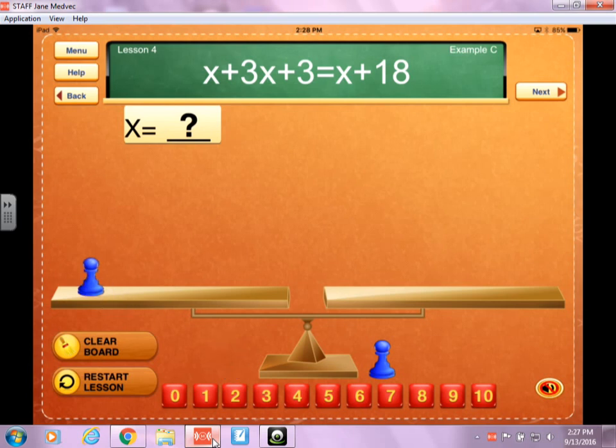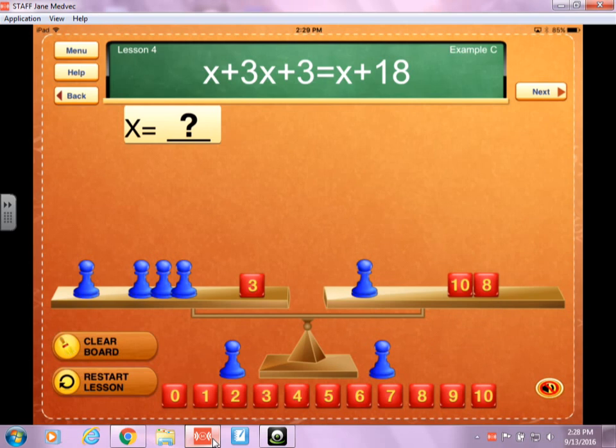I'm going to go x, which is a pawn, and now it says 3x. So what do I put up? 3 blue pawns, right? So 1, 2, 3, and then it says plus 3, so I set up 3 cubes, equals x, what do I put up? A pawn, and then 18. I can do 10 and 8, absolutely. I could do 9 and 9 if I wanted to, okay?